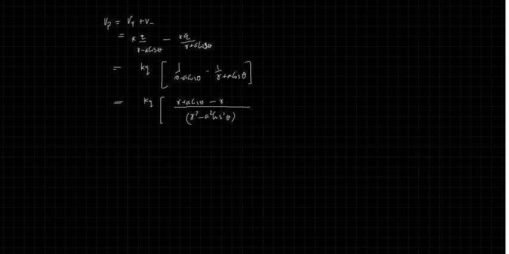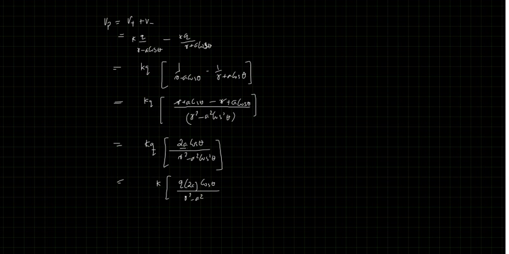So we remove R and R. I get here KQ times 2A cos theta by R square minus A square cos square theta. So Q and 2A can be our dipole moment. So Q 2A cos theta can be written as P cos theta.